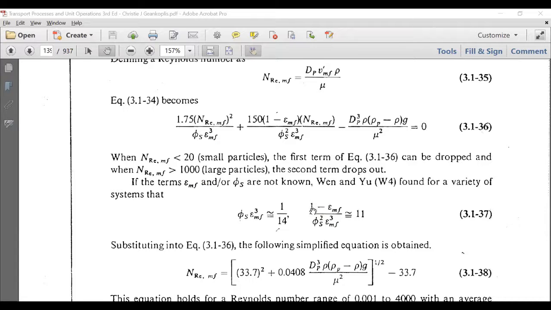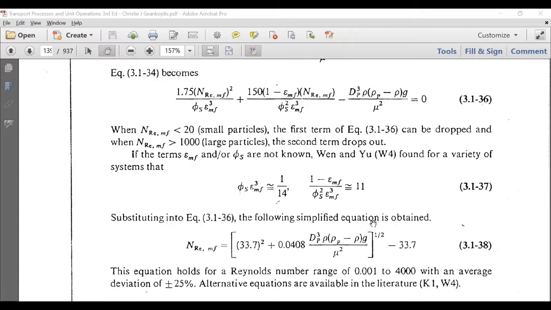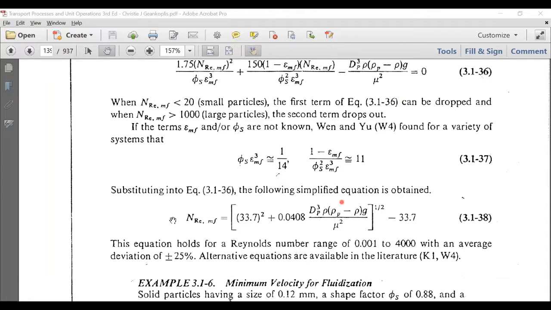They also said that (1 minus epsilon MF) over tau S squared times epsilon MF to the power of 3 is pretty much equal to 11. So I can change this into 11. Finally, after combining these values with these equations, I can get this 3.138.